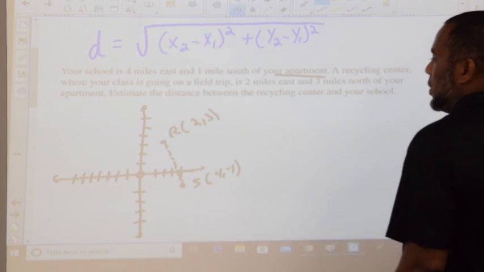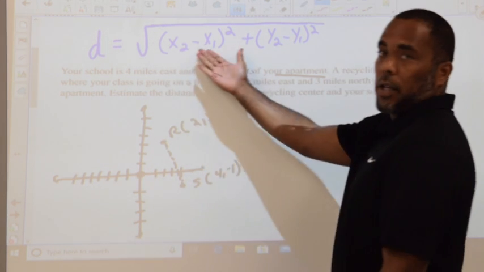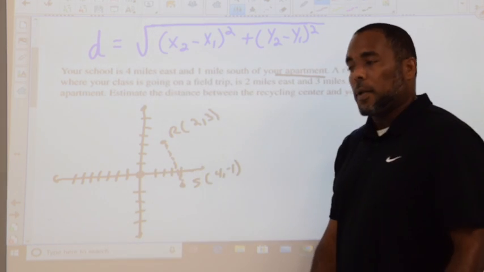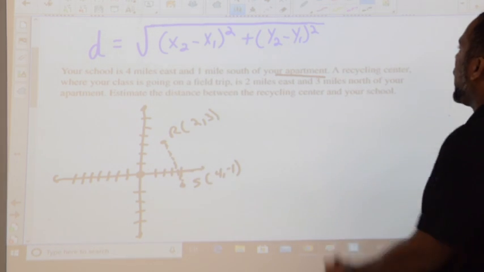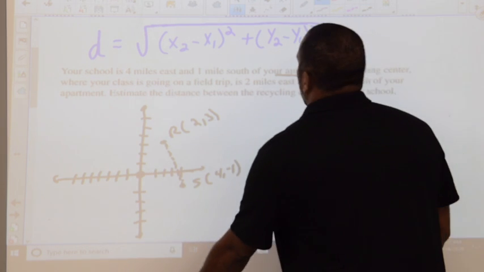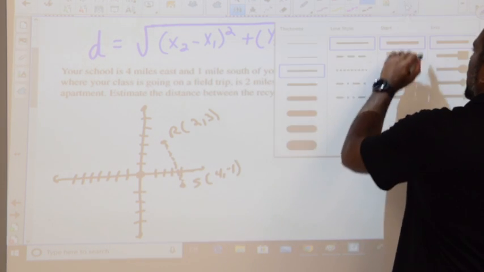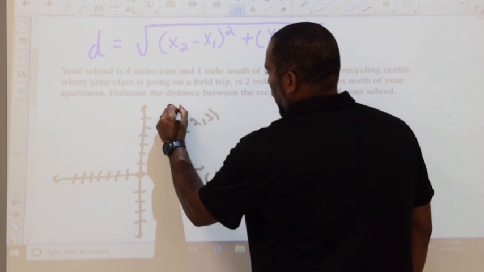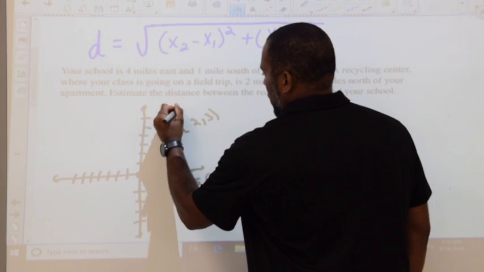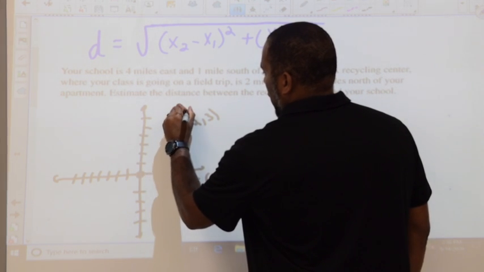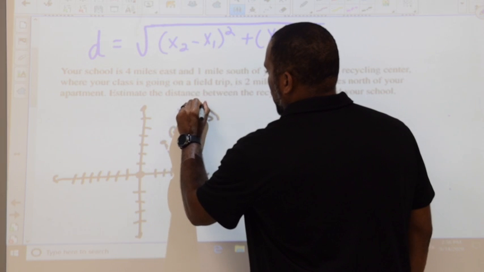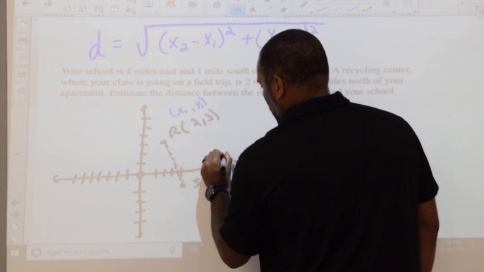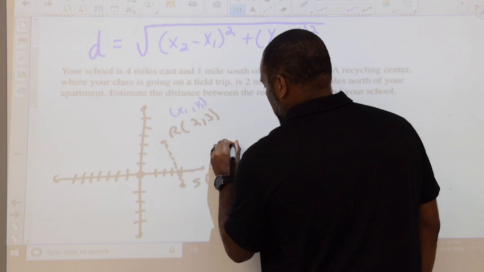To do this, it's going to use the formula. They give us a formula, I'm going to use the formula. And so with that, I'm going to say this is going to be x1, y1, x2, y2.